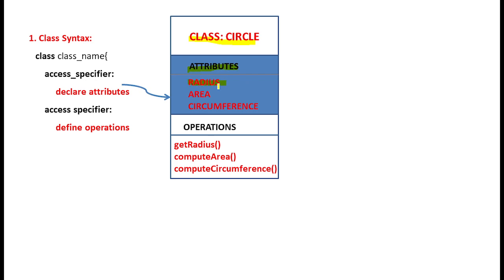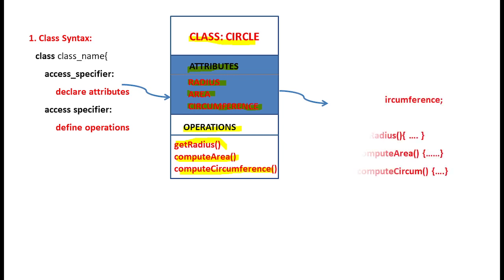There I have declared different attributes of this circle object, the circle class. So area, circumference, like that we have taken. And operations: get radius, then compute area, then compute circumference. Like that I have proposed different operations which may be possible for a circle class. Then how can it be created in our C++?